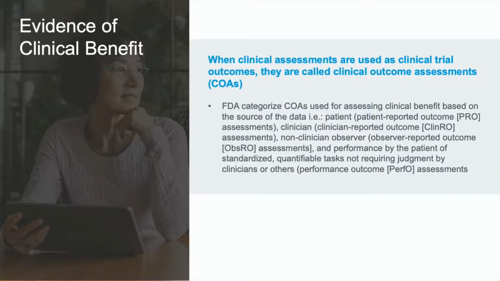When we start to think about evidence of clinical benefit, we're really talking about how people feel, function, or survive. And in this context of assessment, the outcome measures that we use to define such endpoints are termed clinical outcome assessments. As measures of task performance, cognitive tests here are a subset of clinical outcome assessment that we term performance-based outcome assessments, or PerfOs.